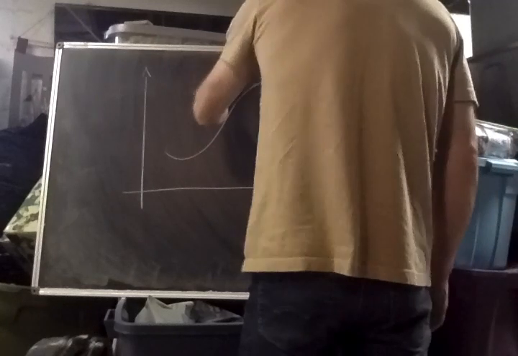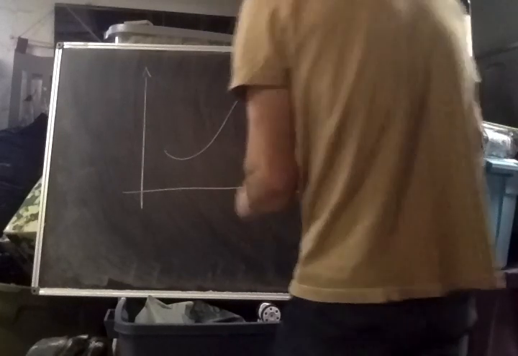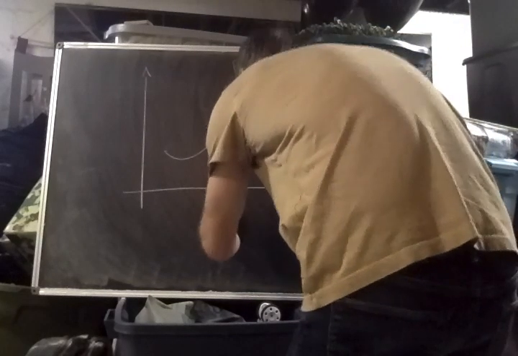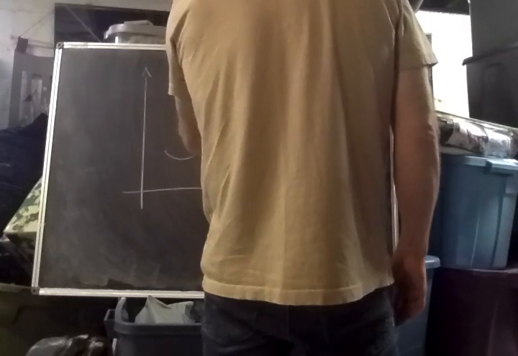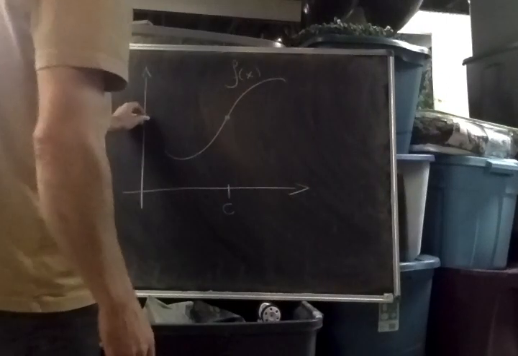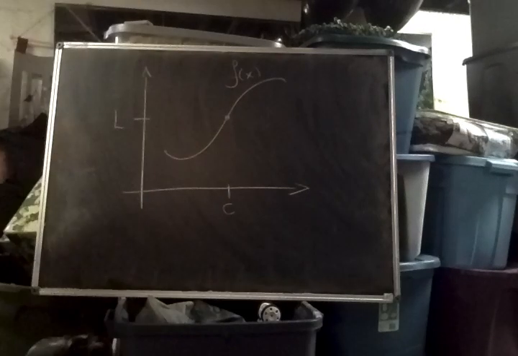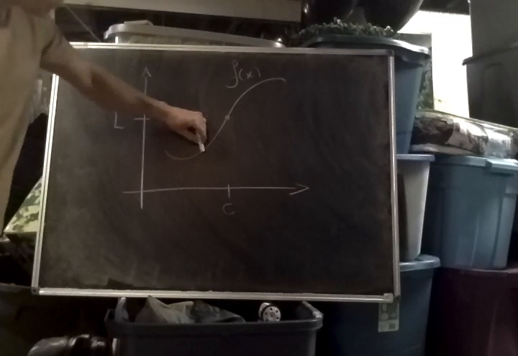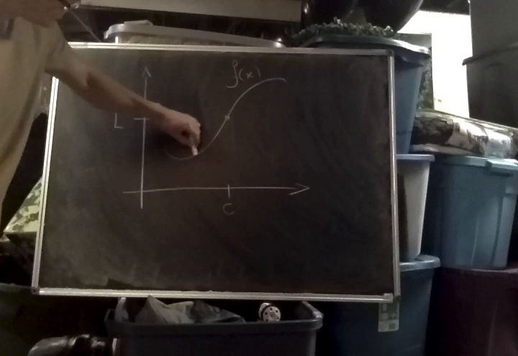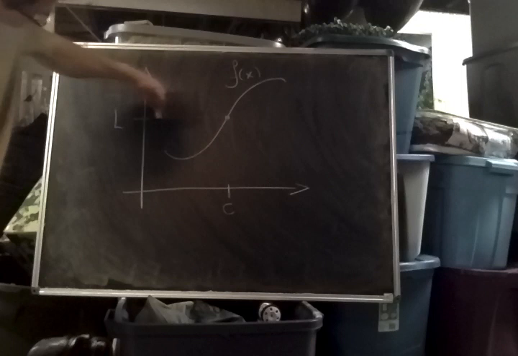So this is going to be my f of x, this function here. Let's say that this point here along the x-axis is c. Okay, and that this height here is L. And of course, as x gets closer and closer to c here, then you can see the function comes up closer and closer to L.